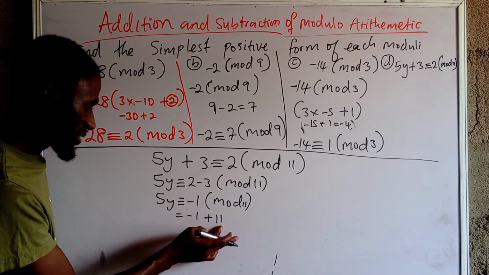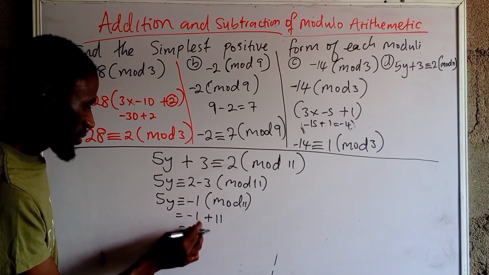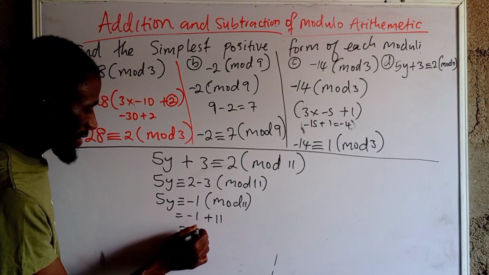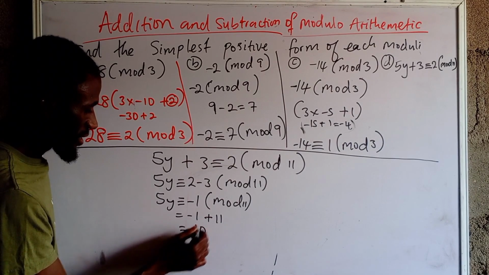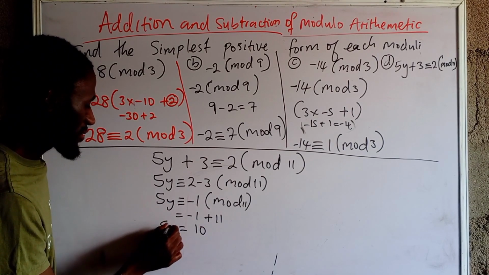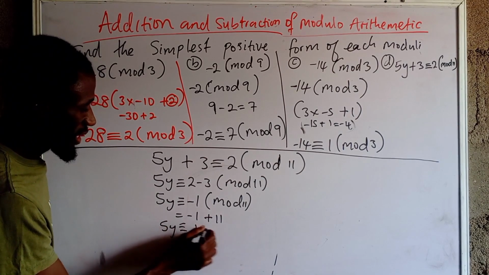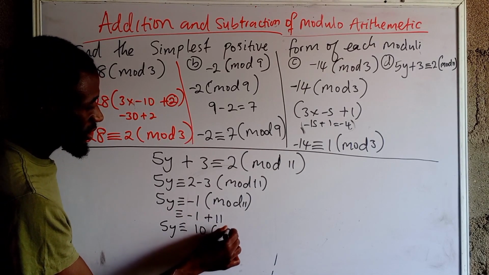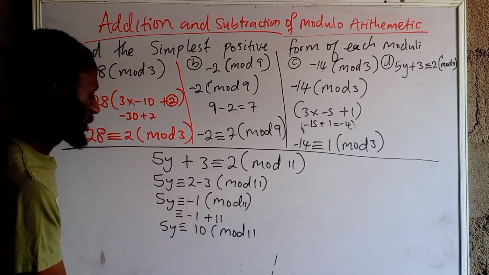Minus 1 plus 11 gives 10. This is 5y is equivalent to 10 mod 11.